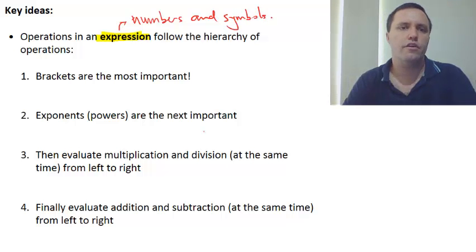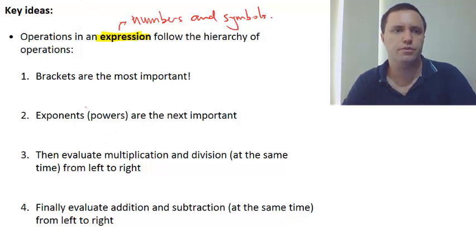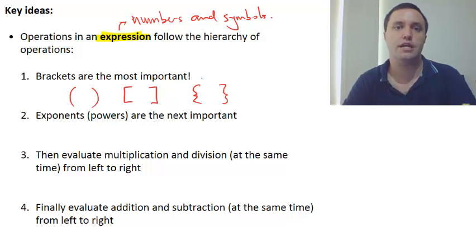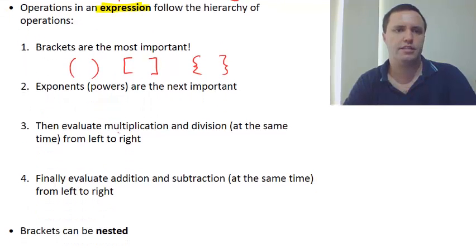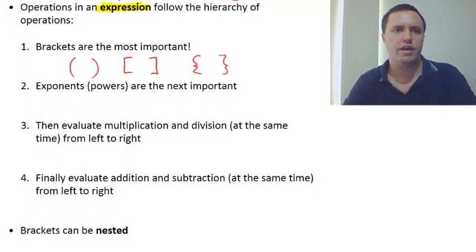We follow what we're going to call the hierarchy of operations. Brackets are the most important. So brackets can turn up looking like this or like this. Sometimes you might see squiggly brackets like that, but not often in these kinds of expressions. So lots of different types of brackets. Exponents, powers are the next important thing. So remember, if we have a number that is 6 raised to the power of 59, working out this is next important after our brackets.